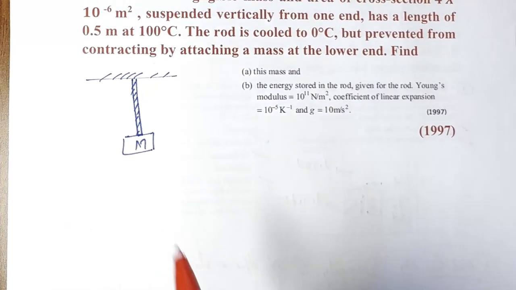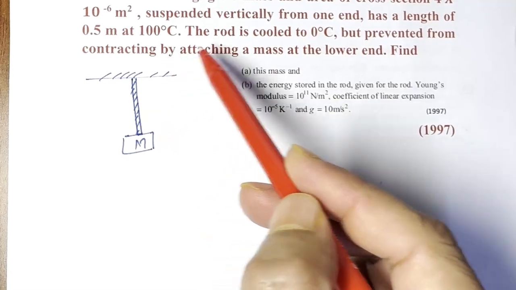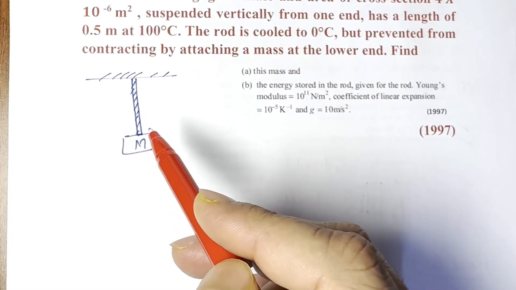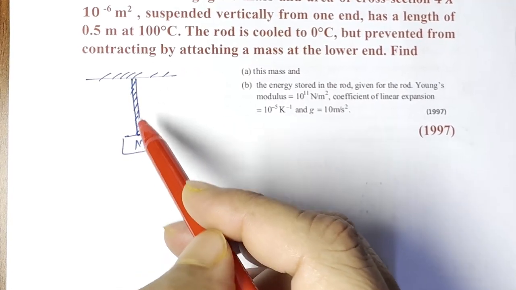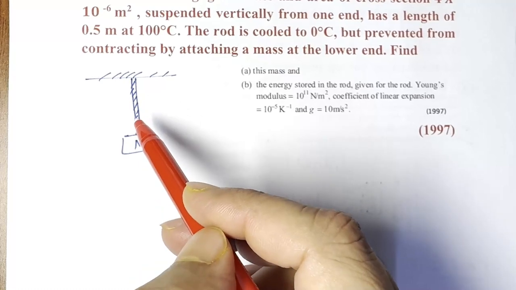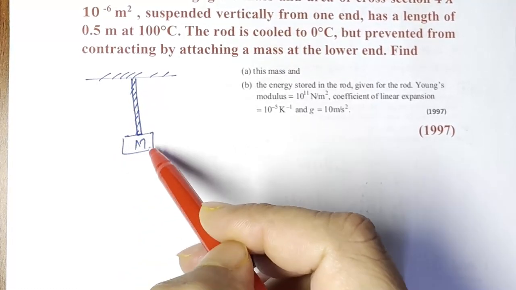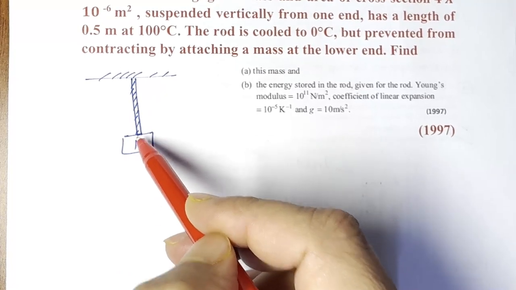When the temperature is lowered, this rod should be contracting, and this contraction is nothing but a thermal strain. This thermal strain is prevented because of the mass connected with this rod.